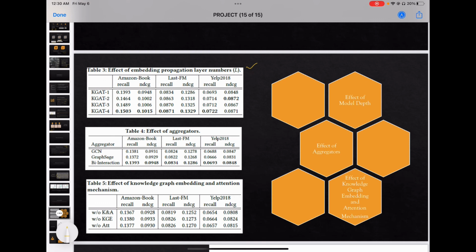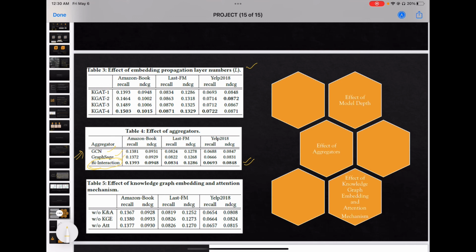The next table shows the impact of aggregators. Here we have considered all three aggregators that were defined in the above slides, and we see that the bi-interaction aggregator provides the best results.